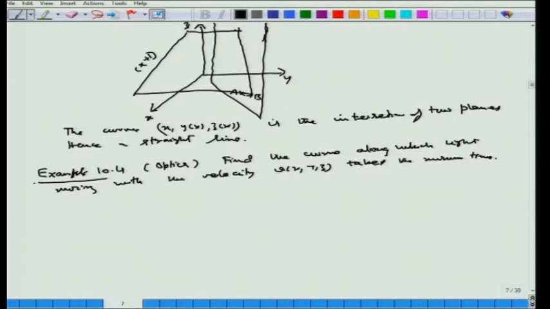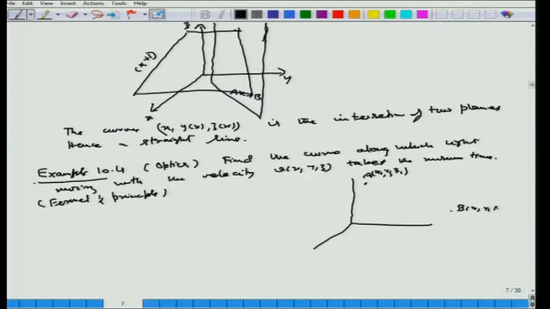So, this is Fermat's principle. What it says is that the light passing through two points, A, that is x 1, y 1, z 1, and B, x 2, y 2, z 2, moving with velocity v takes the least time along that path.